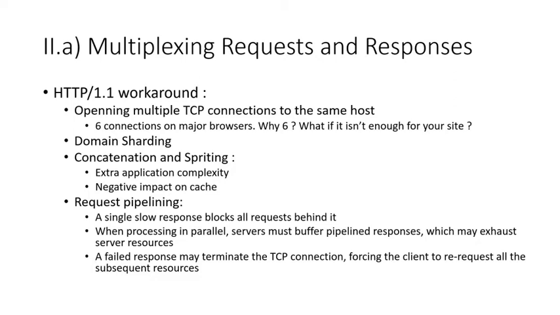Before we move to the next slide, I would like to emphasize that these techniques are just workarounds for existing limitations in the HTTP 1.1 protocol, and finding the right balance among all of these criteria is very hard. Okay, so since HTTP2 allows multiplexing requests and responses, we will see that most of these workarounds are no longer needed.